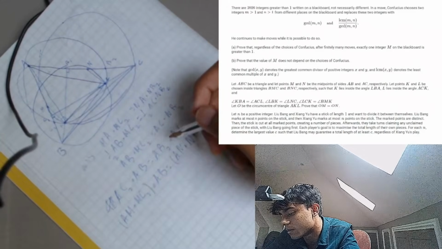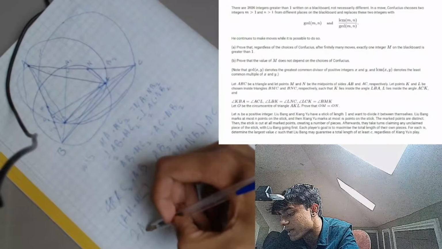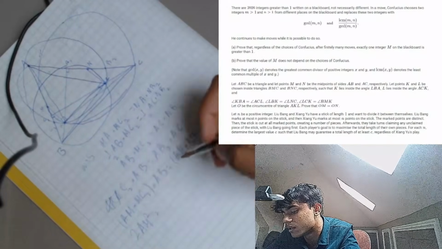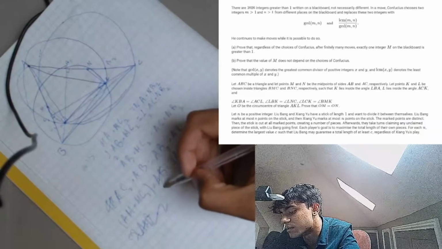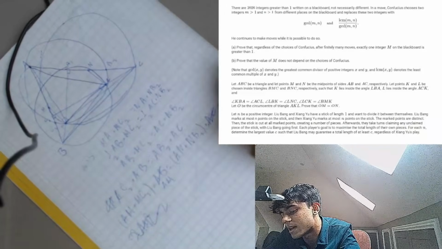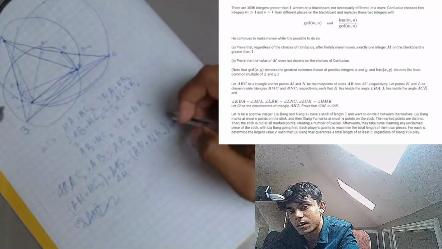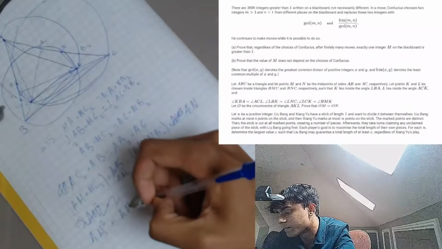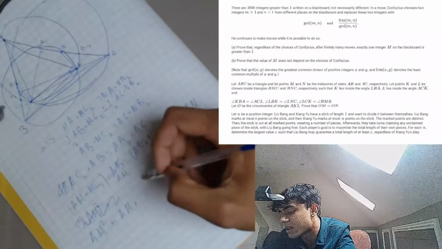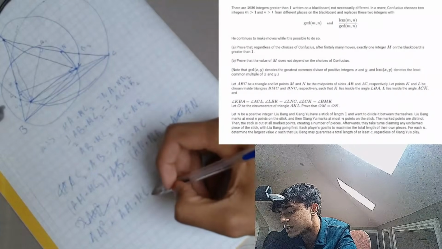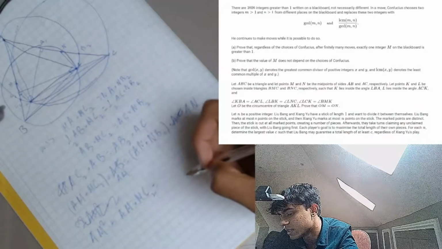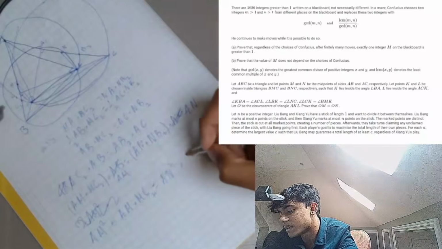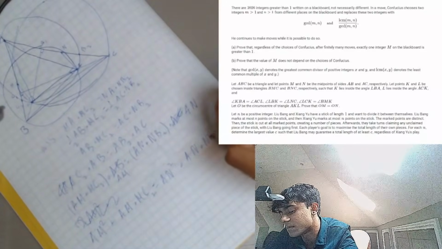So 2 AM squared, because AB is 2 AM, remember? Actually, we can just divide by 2 and have AM here and AM here, and we have AM squared plus MA times MC2 equals AN squared times AN times NB2.